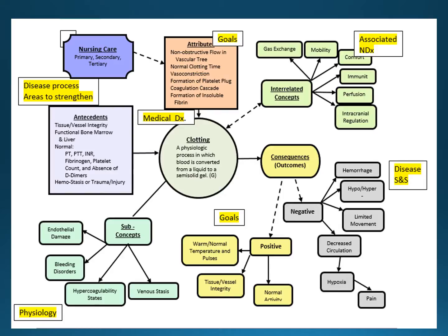It also shows us the interrelated concepts that will be affected by impaired clotting. These are gas exchange, mobility, comfort, perfusion, and intracranial regulation. And then you're going to see the importance of the relationship that clotting has on each of these as we go through this lesson.